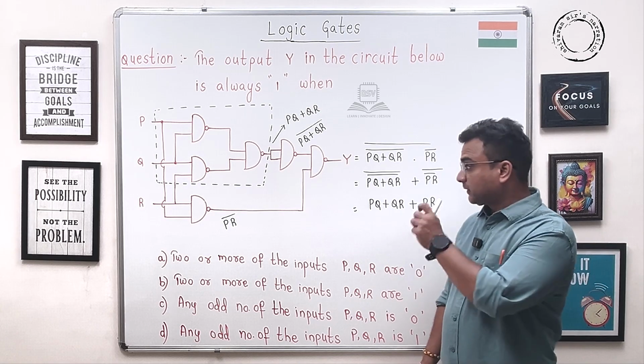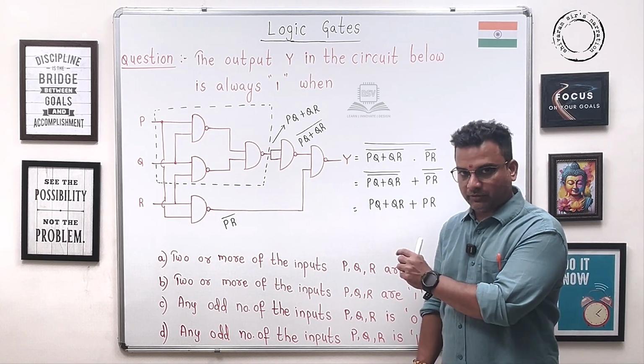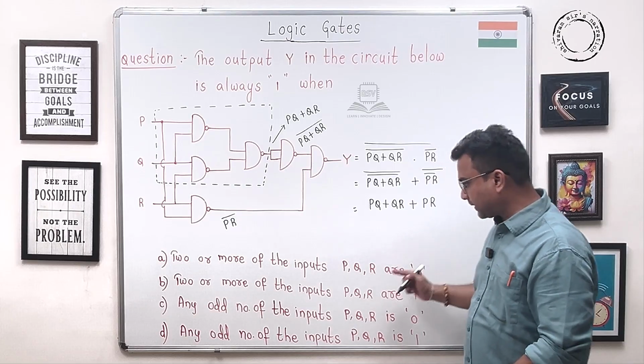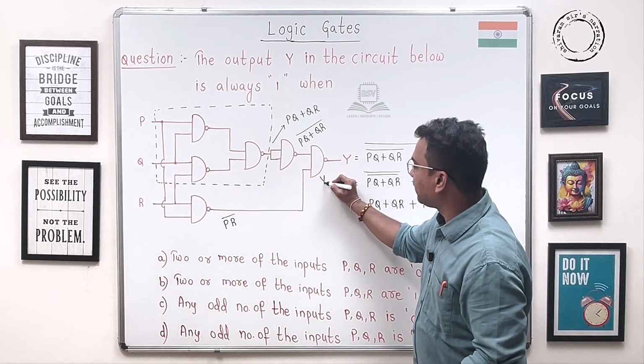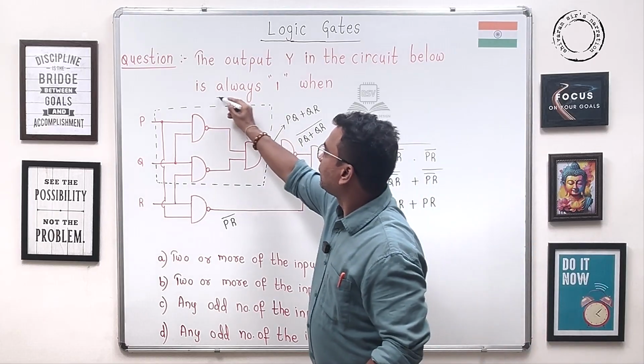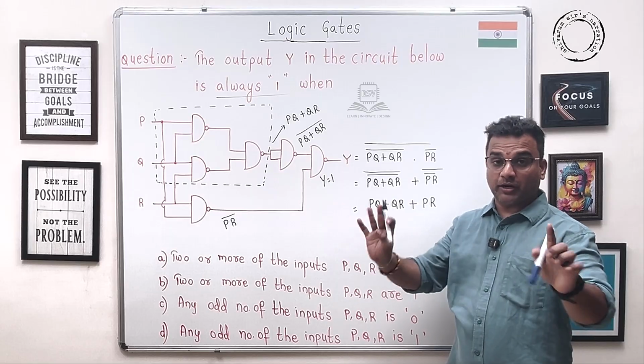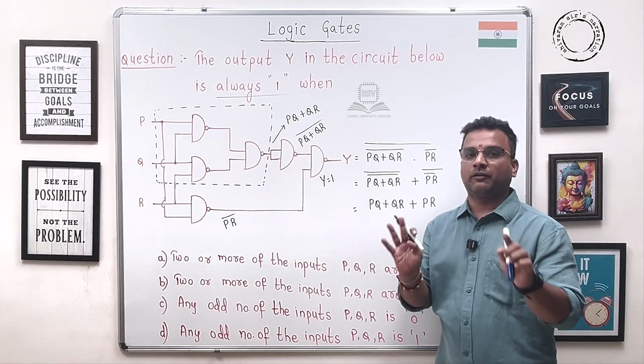Yes, for this given Boolean function, what might be the truth table? Because they are expecting the output to be 1 for which conditions. If you want to know the conditions, you need to draw the truth table. There is no other way.